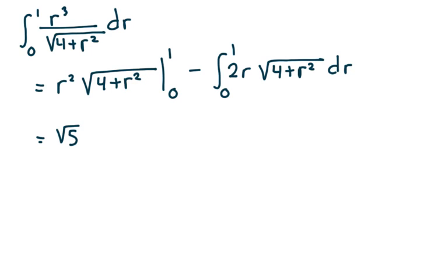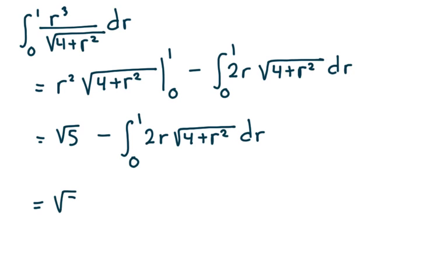If I plug the 0 in, I get 0. So I'm going to get the square root of 5 minus the integral from 0 to 1 of 2r square root of 4 plus r squared dr.